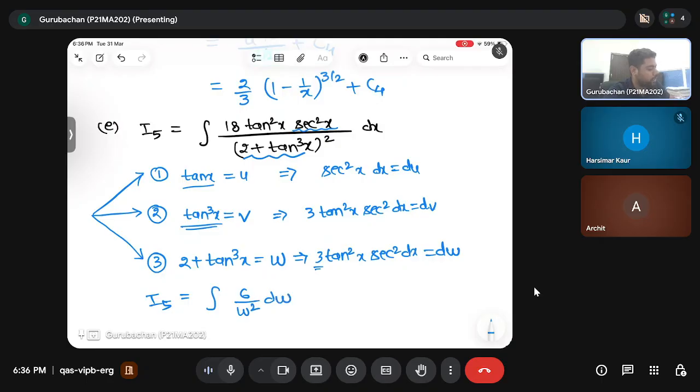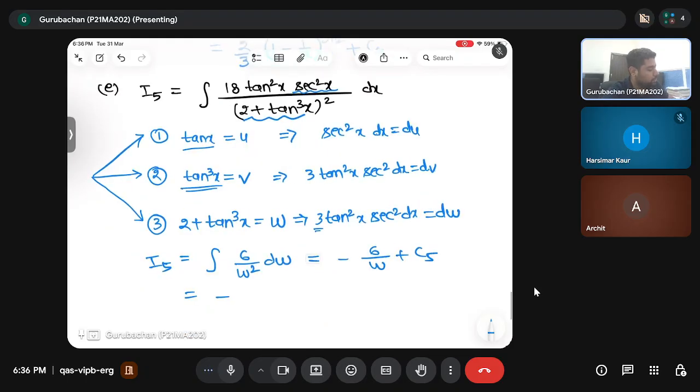The rest term will be dw. So this will be nothing but minus 6 by w plus some constant c5, which is very simple to integrate or substitute. Now this one will be 2 plus tan cube of x plus c5. Clear?